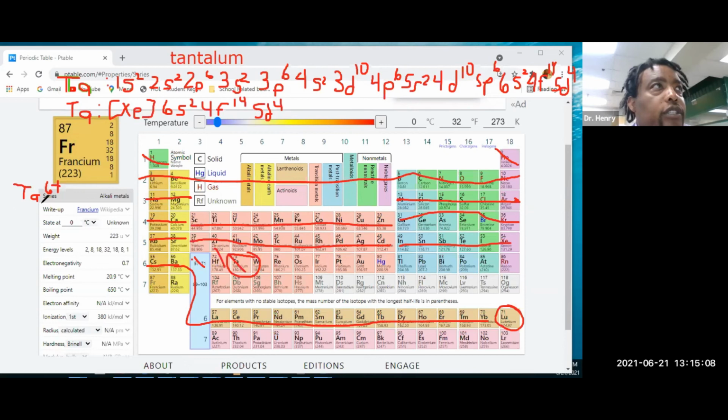Okay, so if we're talking about Ta 6 plus, what does that 6 plus mean? Taking away electrons. That is correct. So if I'm taking away electrons, I'm taking away 6 of them. So where am I going to take them away from? Let's use the short nomenclature and start with that Xe.